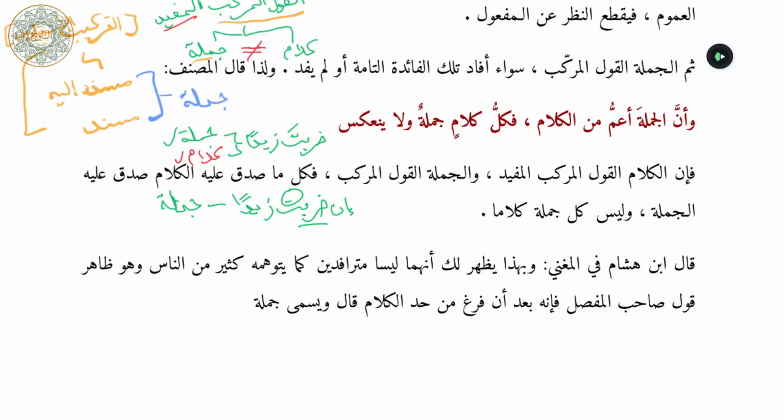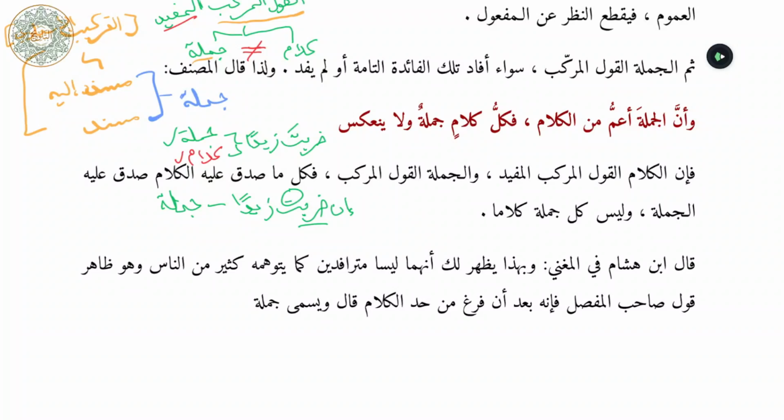And someone says to you, in darabta zayda, if you hit Zayd. Okay, well what? So the mutakallim himself still has to give further information. In darabta zayda, darabtuk. If you hit Zayd, I will hit you. Darabta zayda has a musnad ilay and it has a musnad. But it is not a kalam because there's no ifada. لا يحسن السكوت عليه.